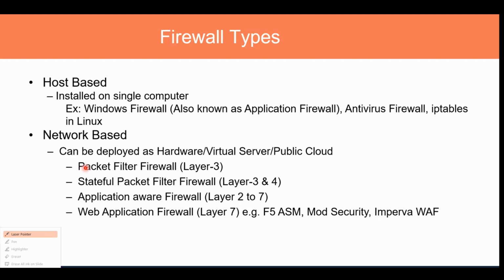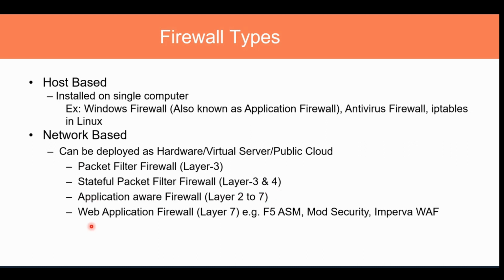Palo Alto can perform packet filtering, stateful packet filtering, and it can perform application aware firewall as well. So Palo Alto firewall is a third type of firewall, application aware firewall.